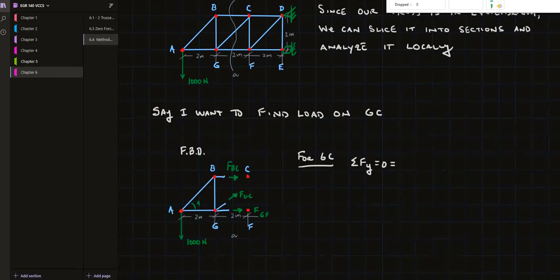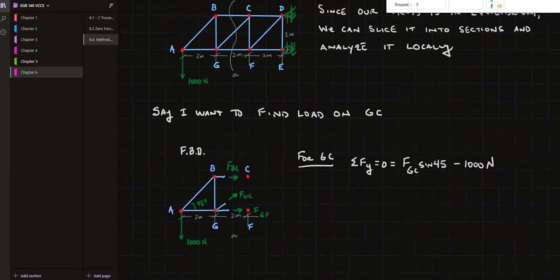So these angles are 45 degrees, since these are all 2 by 2s. And that means I'm going to have something like force in GC times sine of 45 degrees. That's in the positive direction, so I'm having positive, and I subtract 1,000 newtons off of that.